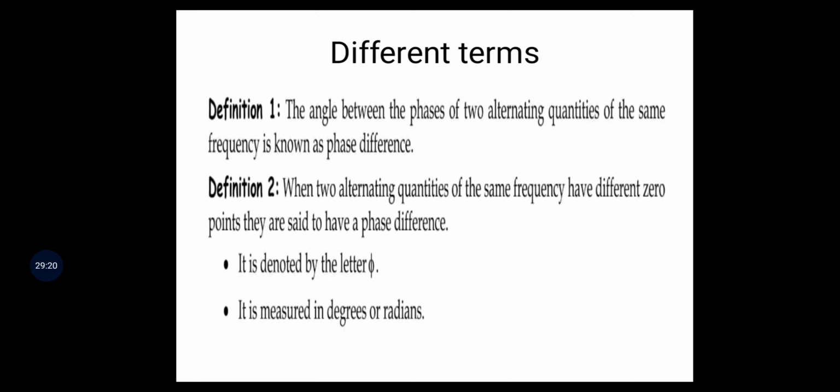Another definition: when two alternating quantities of the same frequency have different zero points, they are said to have phase difference. The phase difference is denoted by the letter phi. It is measured in degrees or radians.